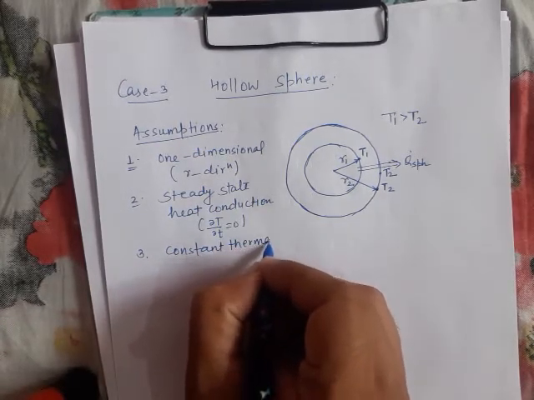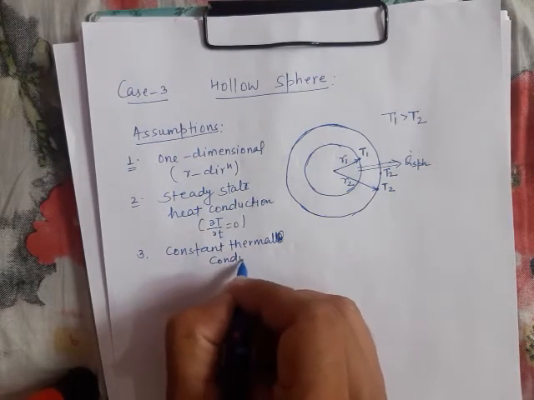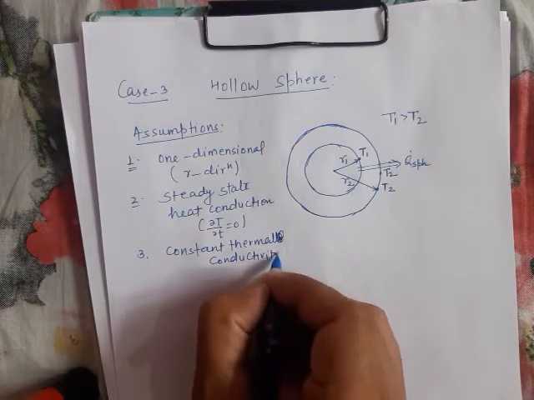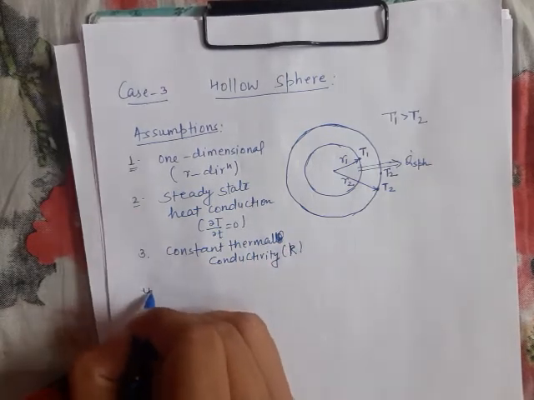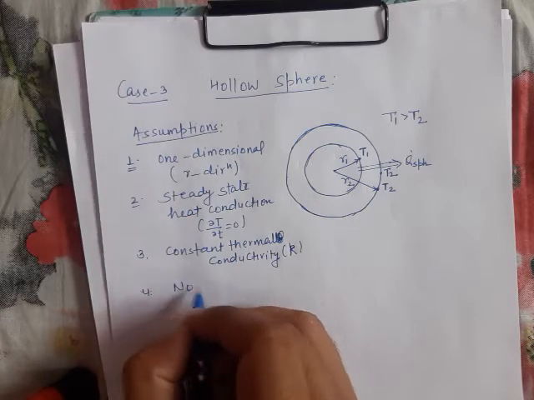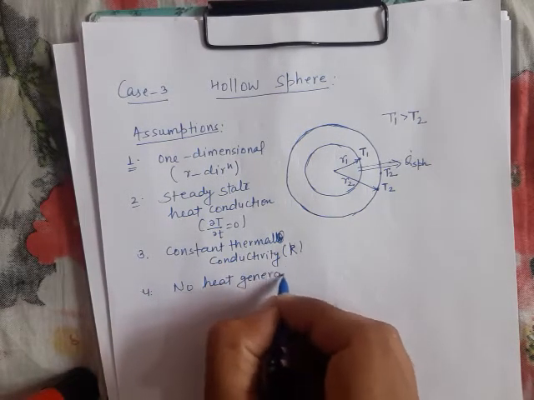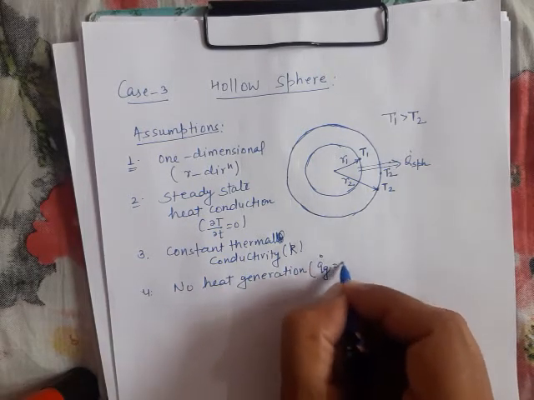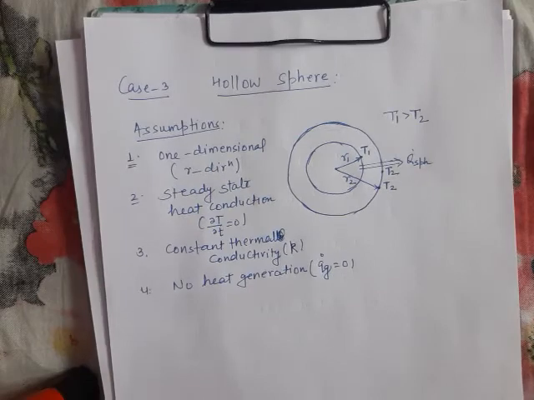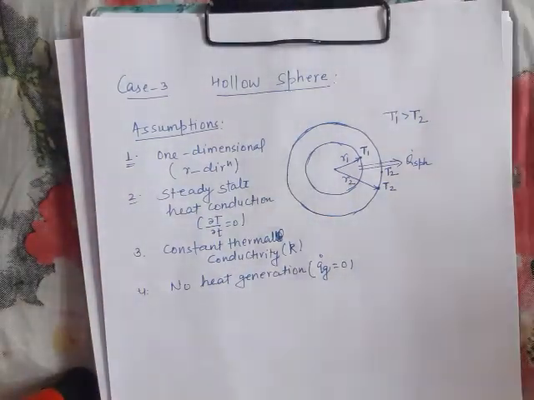The thermal conductivity of the sphere material is constant. And fourth and last is no heat generation. It means that Qg is equal to 0.